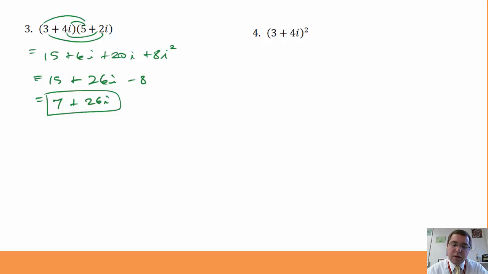Number 4, (3 plus 4i) quantity squared. Can I just make that 3 squared plus (4i) squared? Absolutely not. Because I'm adding inside. Squaring something means multiplying it by itself. So I cannot distribute that exponent because I'm adding inside. So I FOIL it out. 3 times 3 is 9. 3 times 4i is 12i, plus another 12i, plus 16i squared, which is really -16.